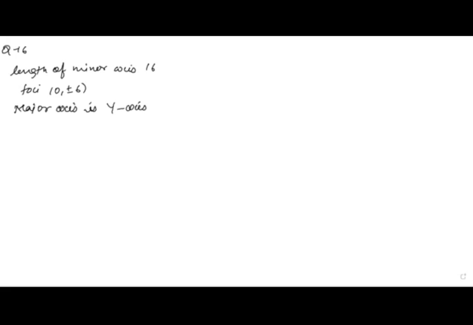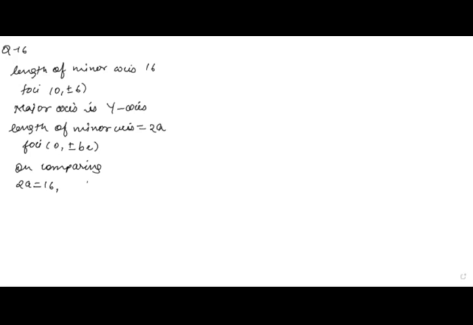And if your major axis is y-axis, then length of minor axis is 2a, whereas foci are on 0 comma plus minus be. So on comparing, I will have 2a as 16, whereas be as 6. So here the value of a is 8, whereas be is 6.